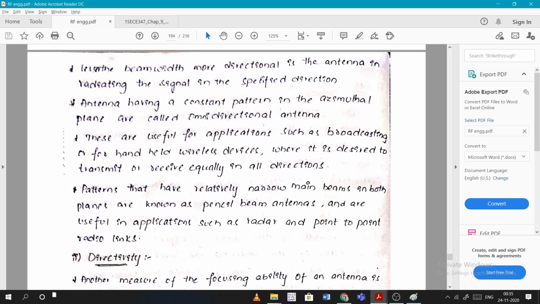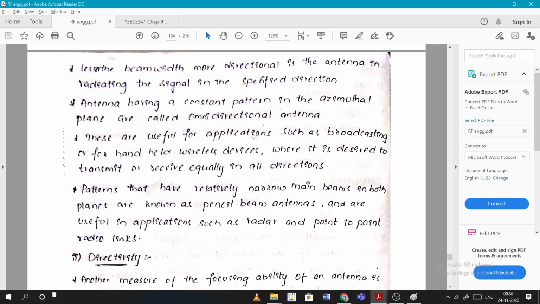These are useful for applications such as broadcasting or handheld wireless devices, where it is desired to transmit or receive equally in all directions, because the radiation pattern is transmitted in all directions.